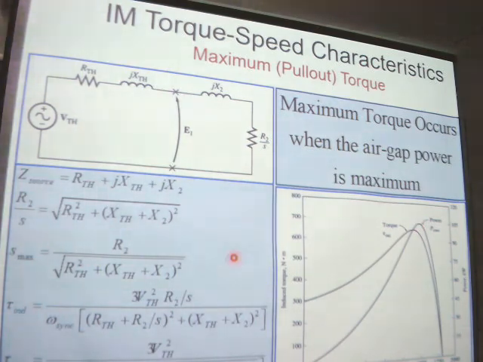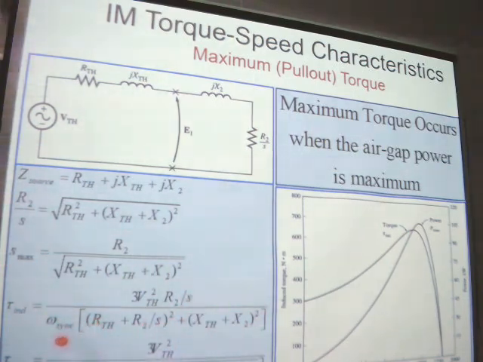And the torque. This uses the torque, but last week it was different, so it's a little different, but the equation is the same.